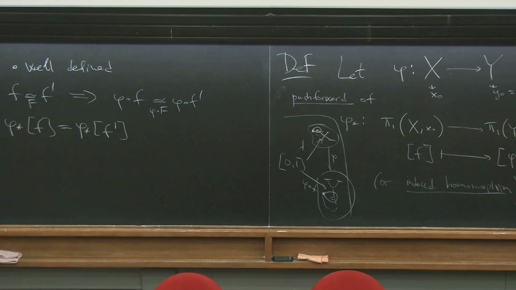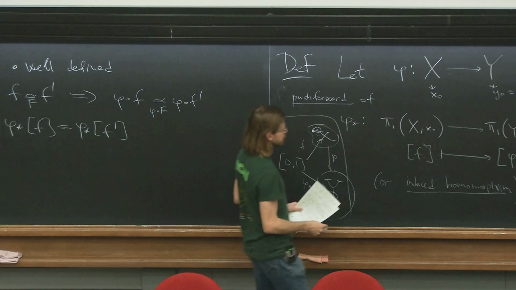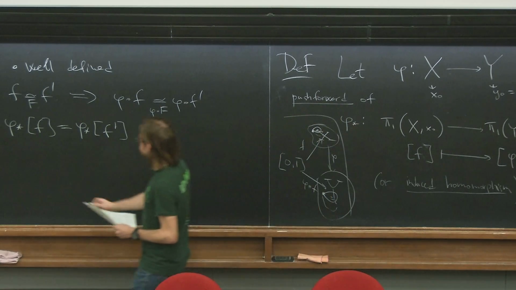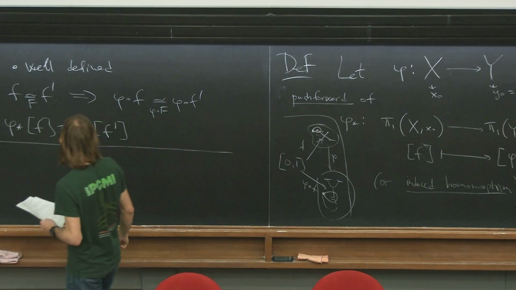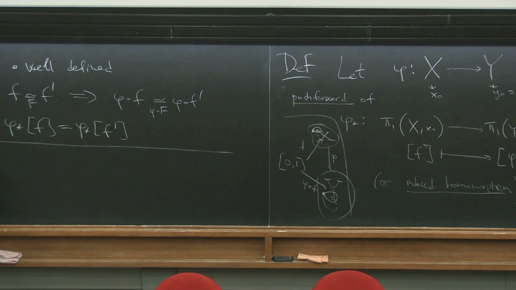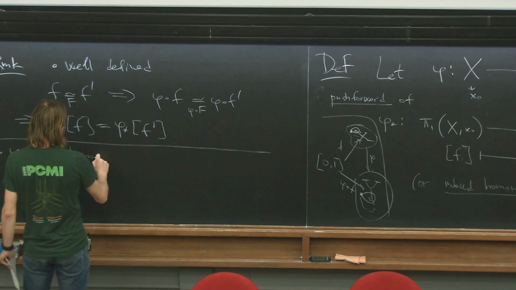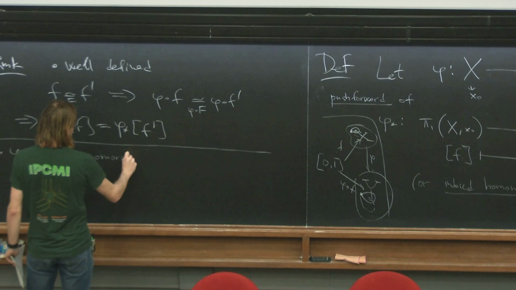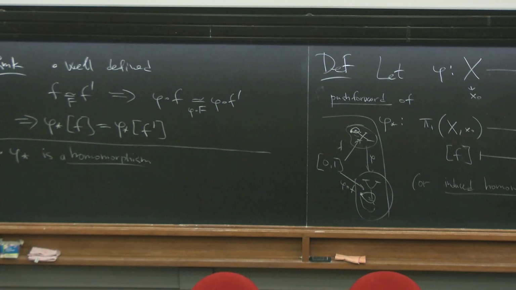So this is indeed well defined. And then we also want to check that this is indeed a homomorphism. So we need to check that it respects the group operation.